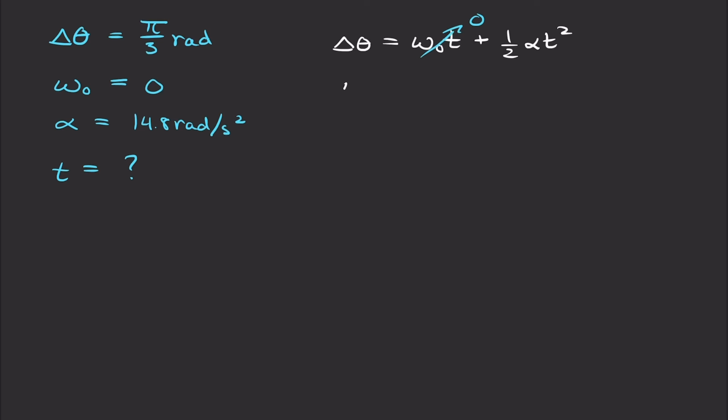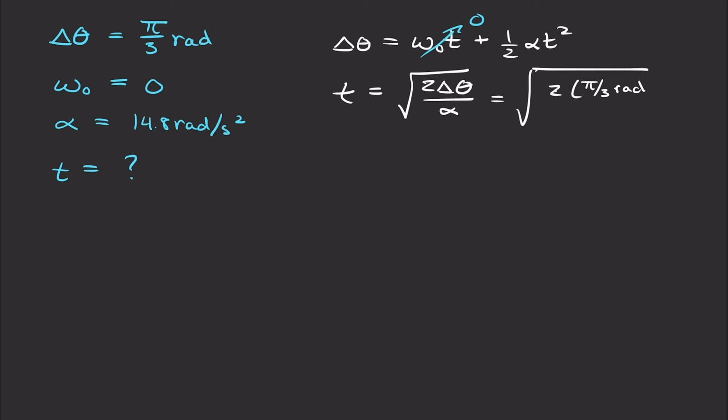If we solve for time, we multiply by 2, divide by alpha, and take a square root: the square root of 2 times pi over 3 radians over 14.8 radians per second squared. It's going to take 0.38 seconds for the rod to rotate through this amount of angle.